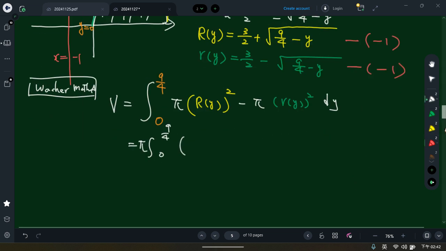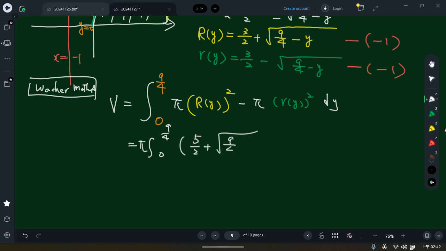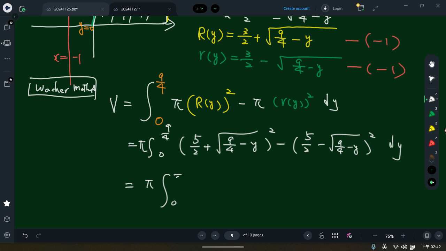So that it will be 5/2 plus minus 5/2 negative squared, then dy. So it will be pi, integral from 0 to 9/4, then we will have 4 times this item.